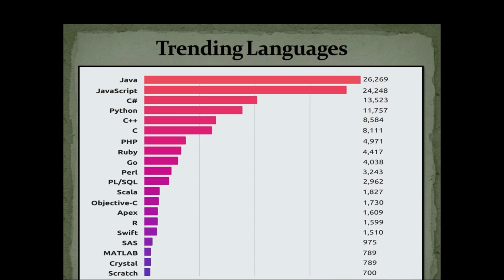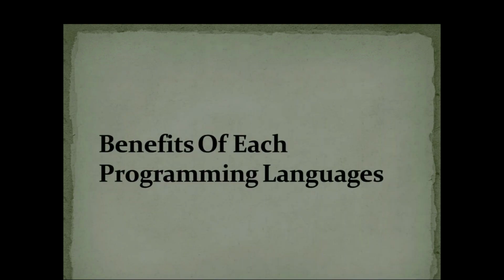Okay, so let's come to the next subtopic, that is the benefit of each programming language. So guys, what are the benefits of each programming language? Here I talk about the benefits of all of the programming languages. Why do we use programming languages? Why is it very useful in this era? So let's talk about why we need programming languages.